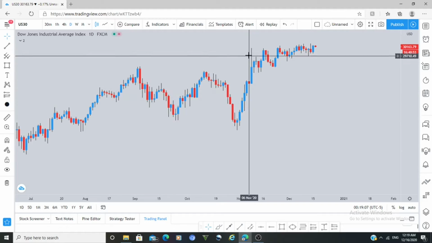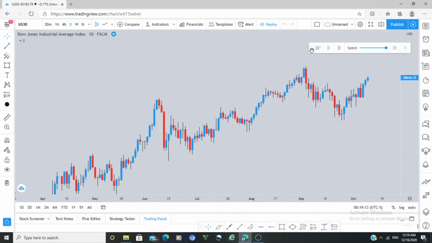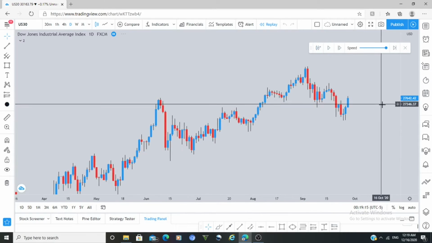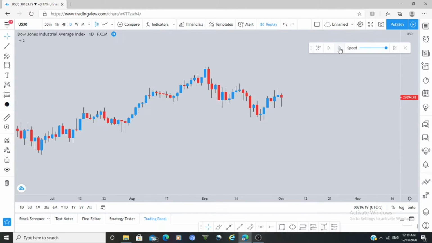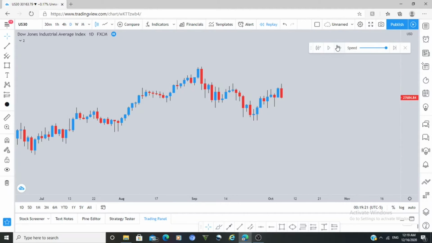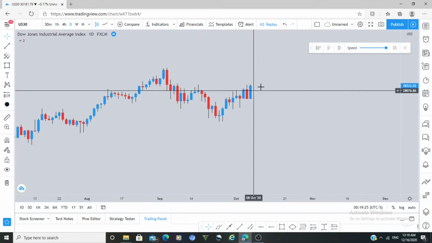Before it broke, if we go back on replay, you guys can see that for the continuing days or weeks, price has been making higher highs and higher lows.